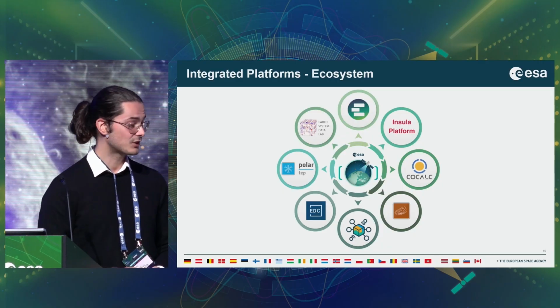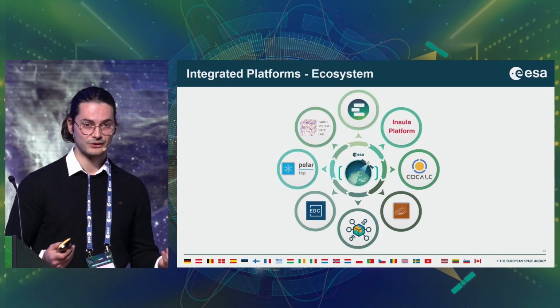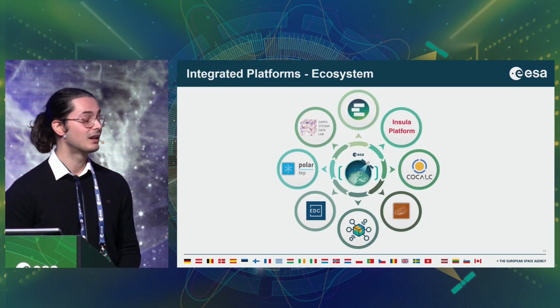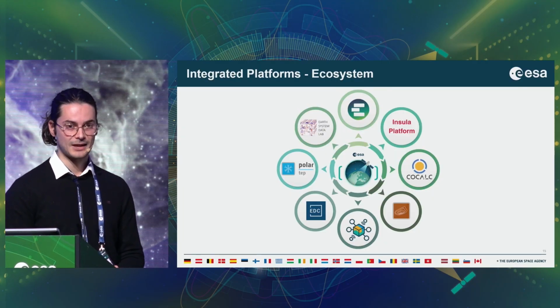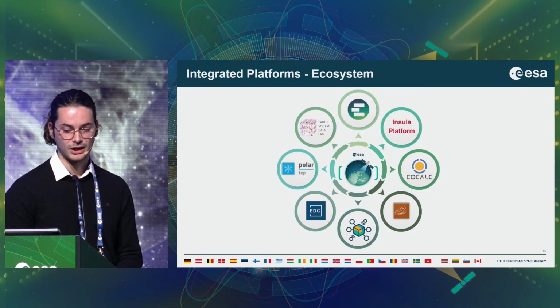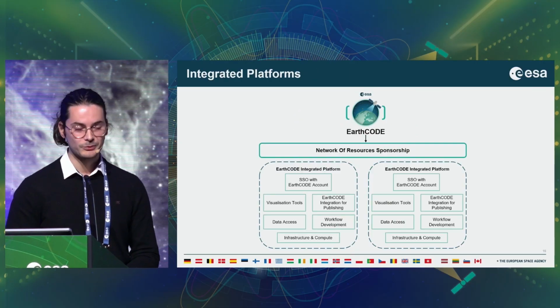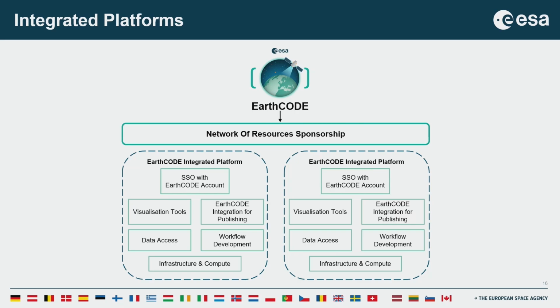So to enable the development and publishing of this code, we have something called the integrated platforms. Now we have about 8 platforms integrated into the EarthCode environment, with more to come every year. The idea of these integrated platforms is that they provide some common functionality between them. That would be something like SSO, where you are able to log in with the same credentials to every platform.